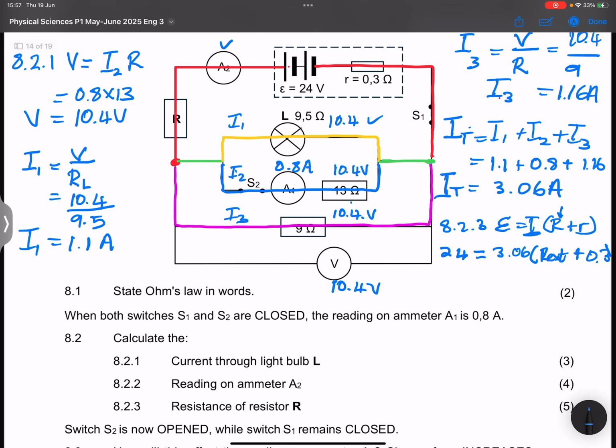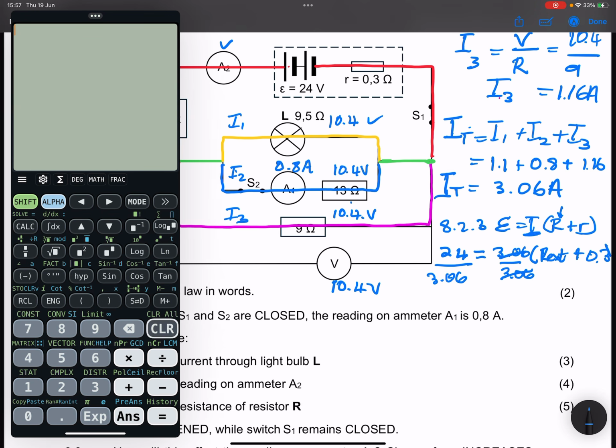Okay, and we can find out what that is. So we can divide by 3.06 on either side. So I've got 24 divided by 3.06, and I get 7.84, and I will subtract that 0.3 from the internal resistor, and so I get a value of R external to be equal to 7.54 ohms.